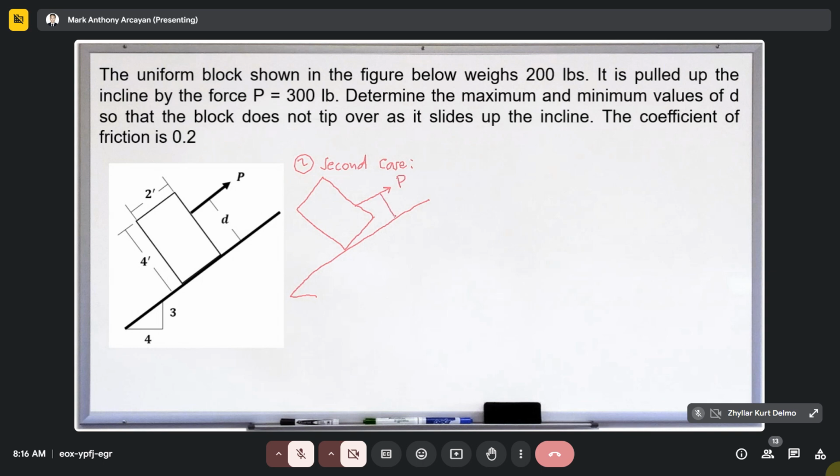This is P, and this is d minimum. Then this is now our new moment point O. Then at the center of gravity, we have the reverse effective force. We have the parallel component of the weight, and here we have the normal component of the weight.